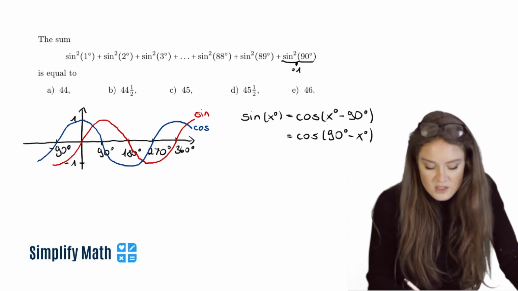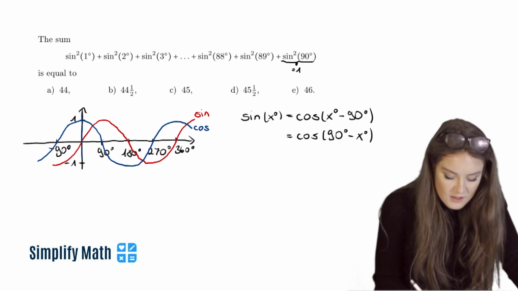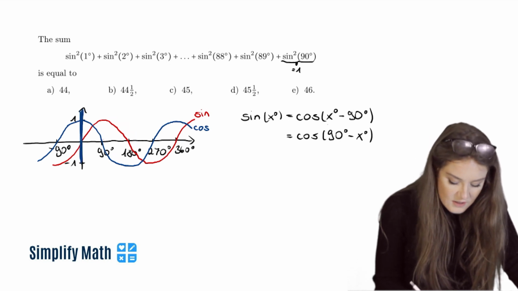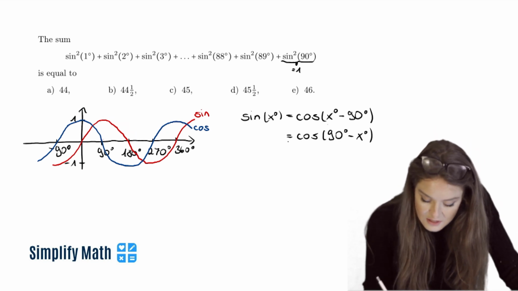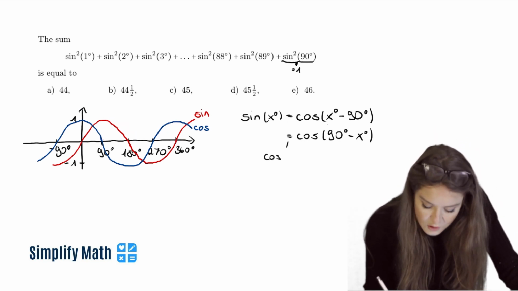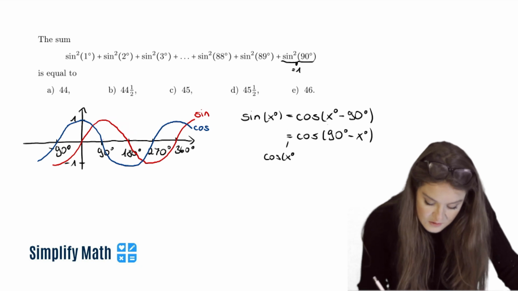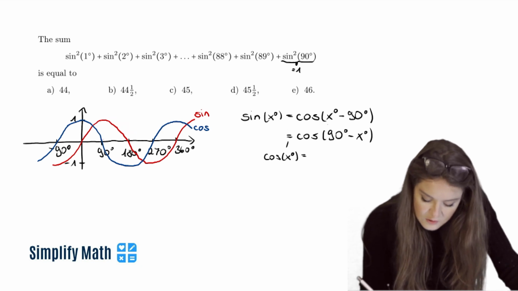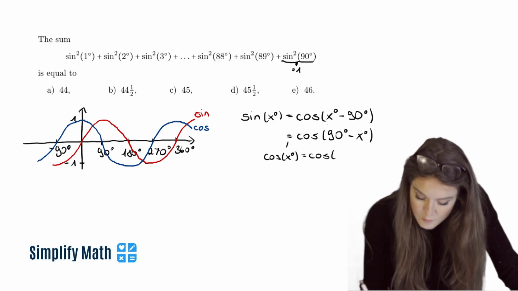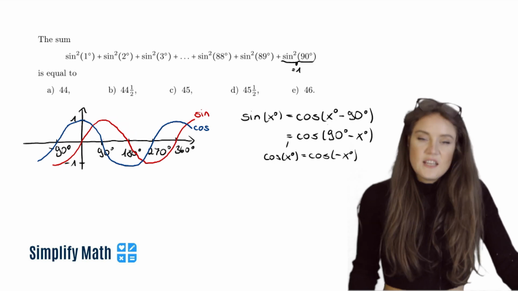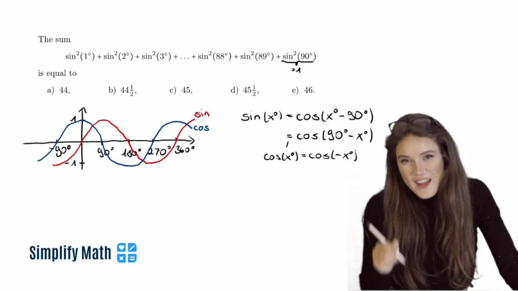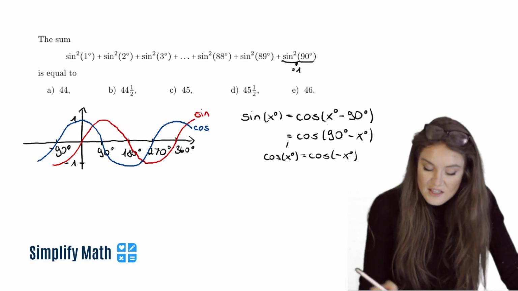The cosine function is symmetric to this axis here, right? And this symmetry means that in general, cosine of any x degrees is always the same as cosine of minus x degrees.